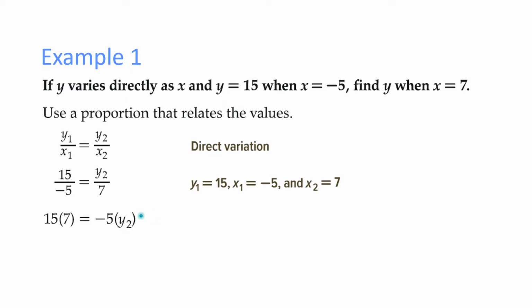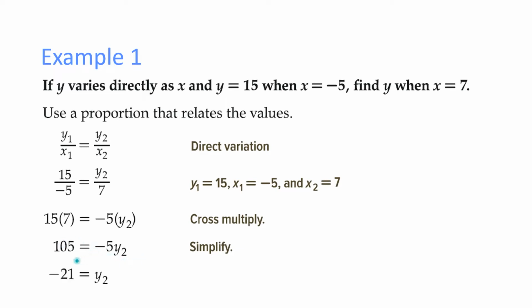We can use cross multiplication, so we'll have 15 times 7 on the left hand side and -5 times y2 on the right hand side. We are cross multiplying. In order to find the value of y2, we are going to divide 105, which is on the left hand side, by -5.